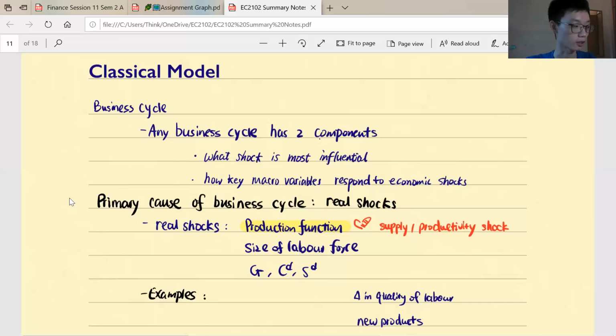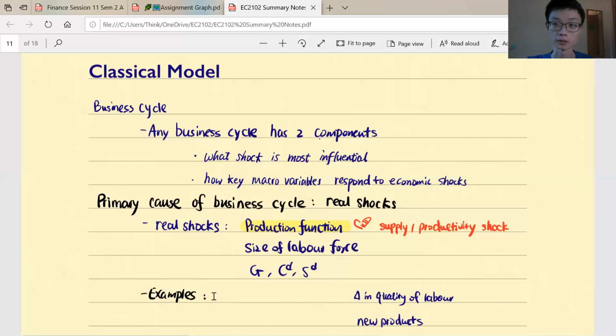What is the real shocks? Well, the real is not to be contrasted with phony. It doesn't mean the fake.